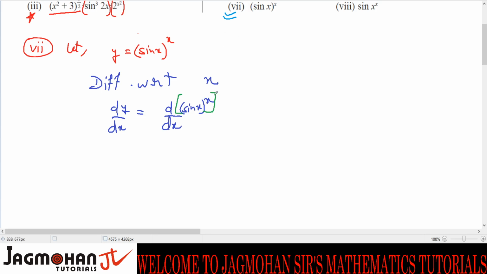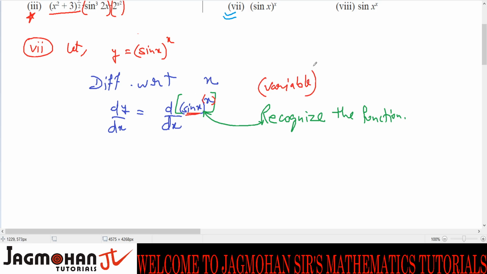If you do not know the name of the function, you would not be able to apply the proper result. So recognize the function. You will understand that this function is variable raised to variable. Sine of x is in x, and the power is also variable. We have not had any result which will differentiate variable raised to variable.